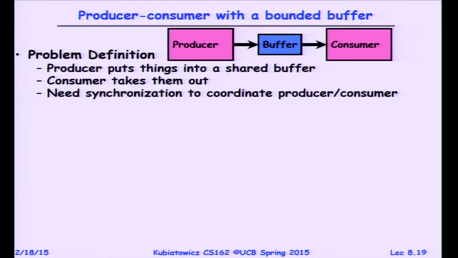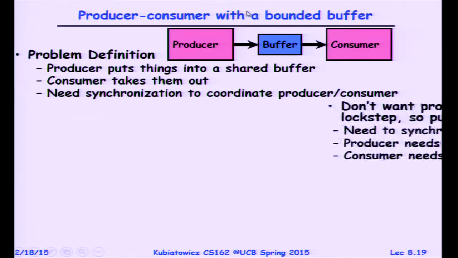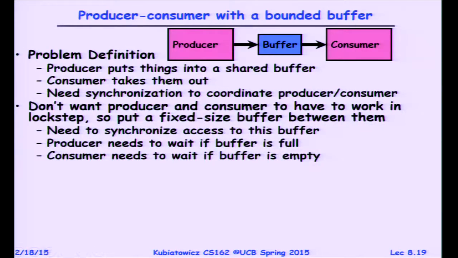That's you guys. We need a way to synchronize and coordinate the producer and consumer because this buffer is the machine. We don't want the producer and the consumer to have to work in lockstep. We want them to just work asynchronously. So we put in a fixed size buffer, like the Coca-Cola machine.